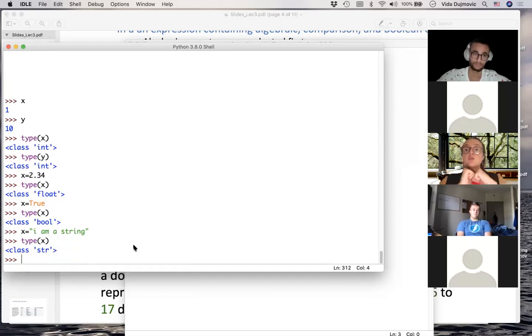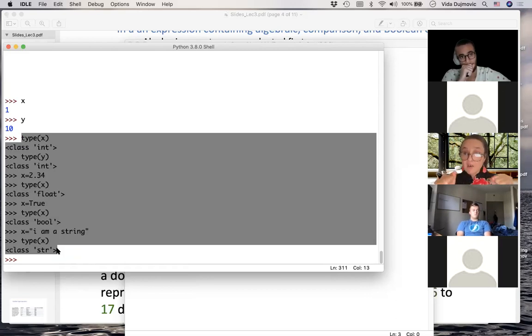All right, so to remember from this is that in Python, to create a variable, you have to assign a value to it. The only way to change the value is again by assigning something else to it. And what you can see from this is that in Python, variables don't have type.